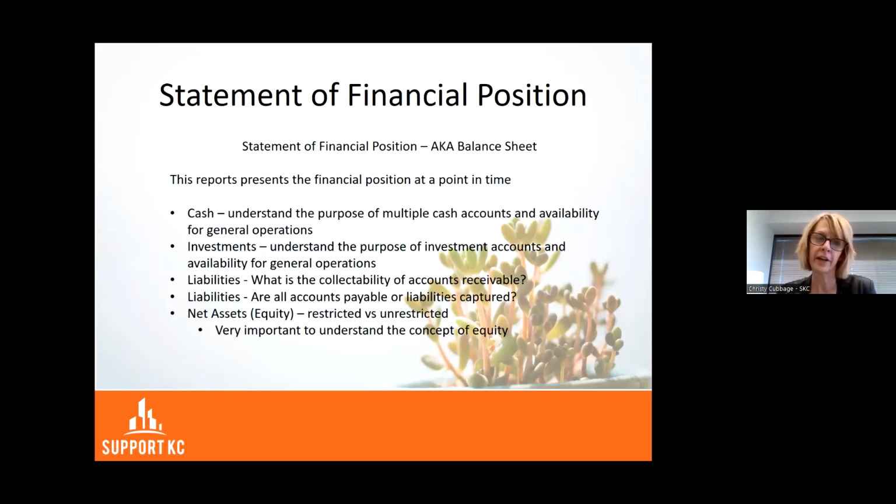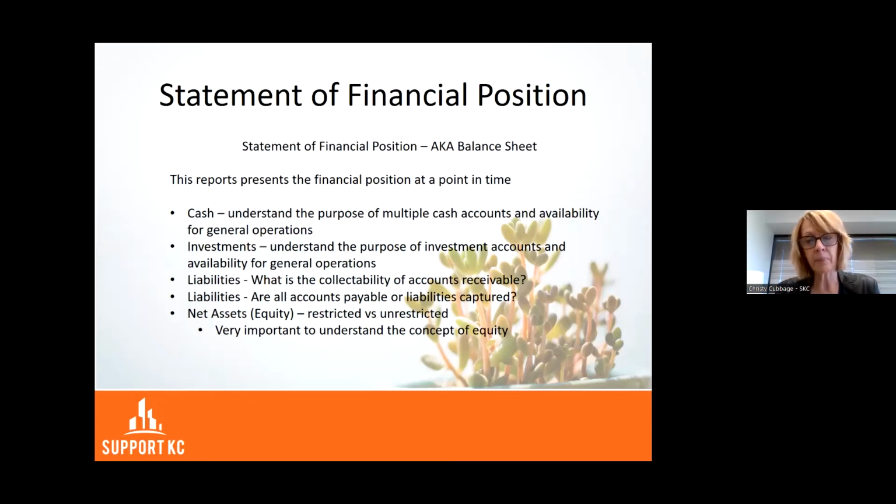And I have listed different areas that typically you should pay attention to. Cash, of course, that you would have cash. Sometimes you might have 3 or 4 bank accounts on a financial statement. And sometimes those bank accounts are for different purposes, and they may only list the name of the bank.